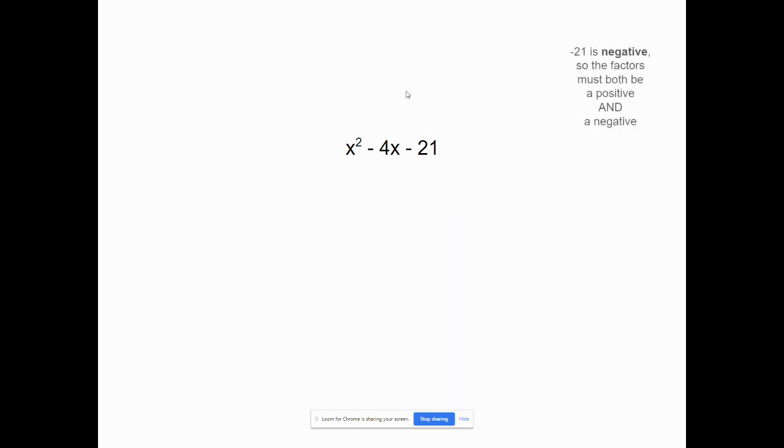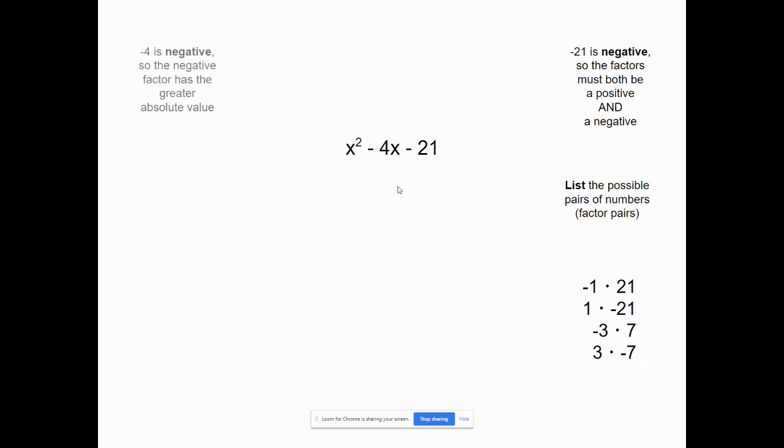Starting off, we look at our negative 21. It is negative, so we have to have a positive and a negative number in our pair. We can list our options. And here we have negative, positive, positive, negative, negative, positive, positive, negative. These are the possible factor pairs. And now we look at our negative 4.